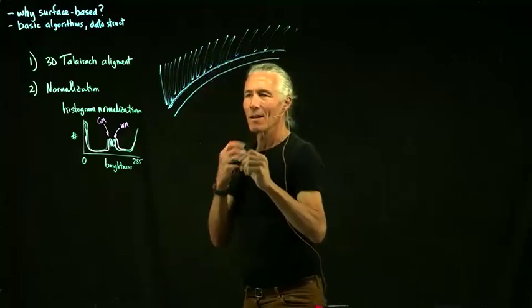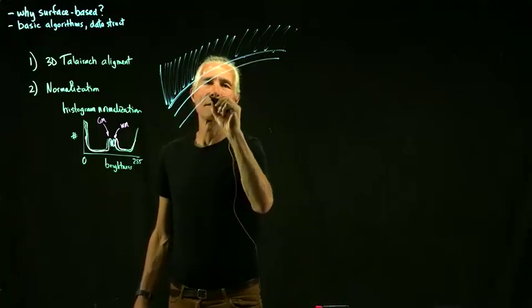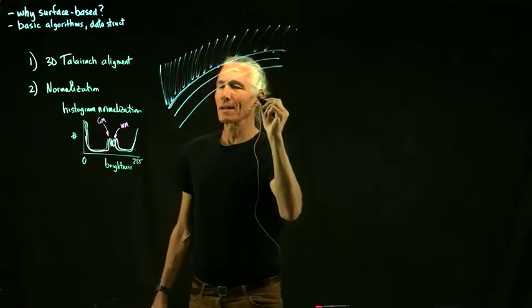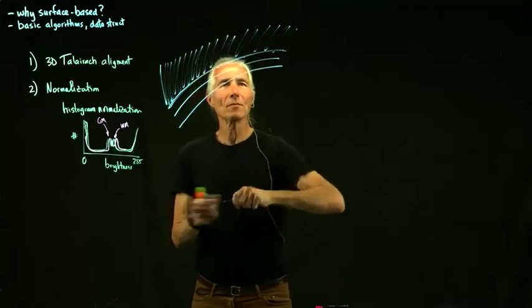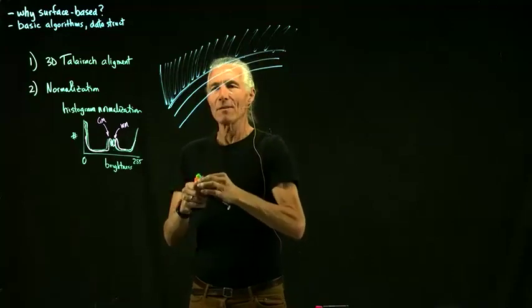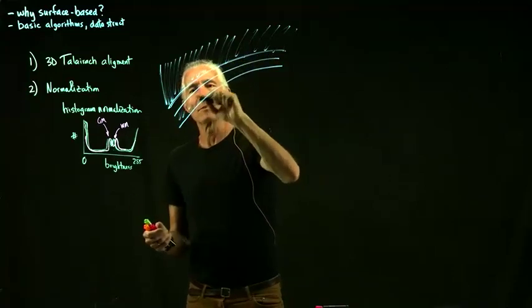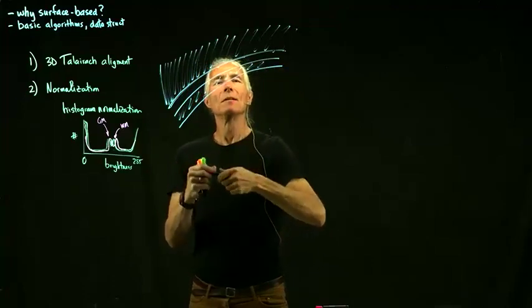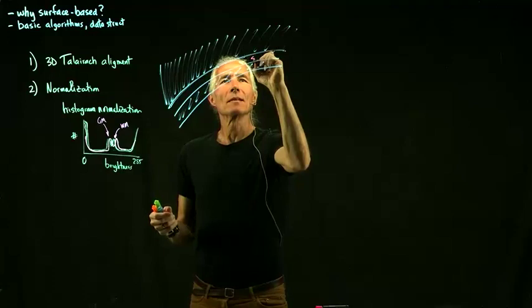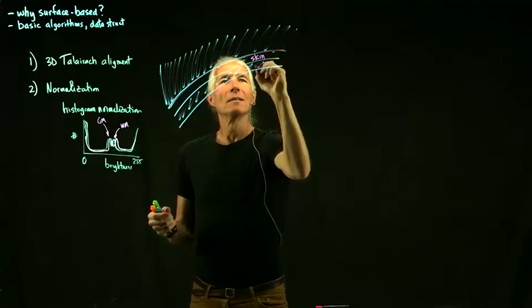And then we've got a little layer of fat, and the layer of fat is pretty bright too. So this is skin and fat.